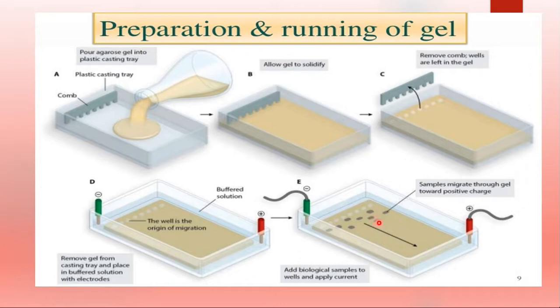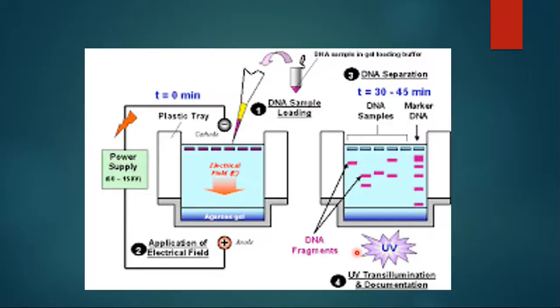So I told you the bigger molecules have more molecular size and the smaller ones have smaller molecular size, and move towards their respective electrodes. So here the agarose gel acts as a sieve. Okay. So now this is the whole preparation and running of this agarose gel electrophoresis.